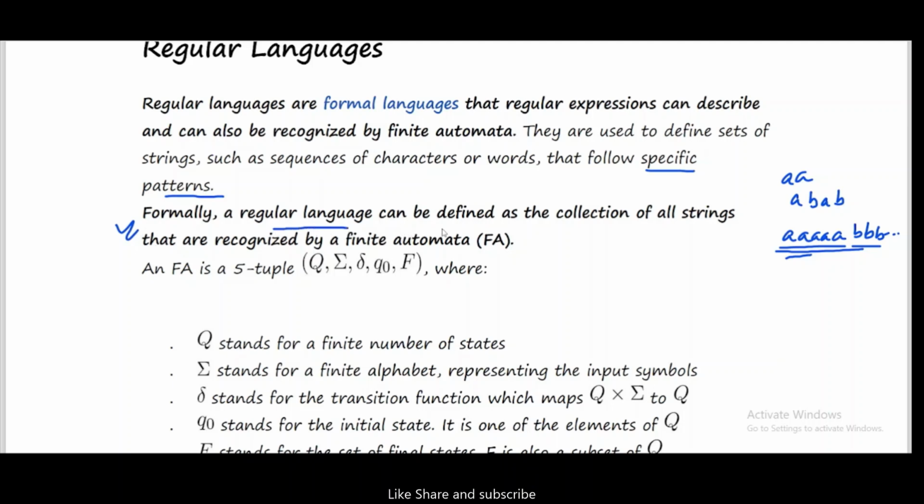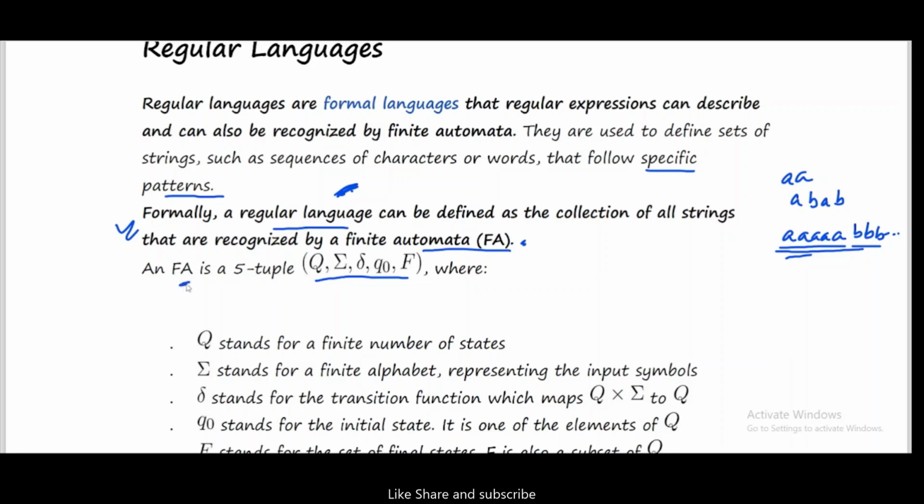A regular language can be defined as a collection of strings that are recognized by finite automata. So in a regular language, we define what the different strings are that are recognized by a finite automata, and that is a regular language. It is defined using these five tuples.